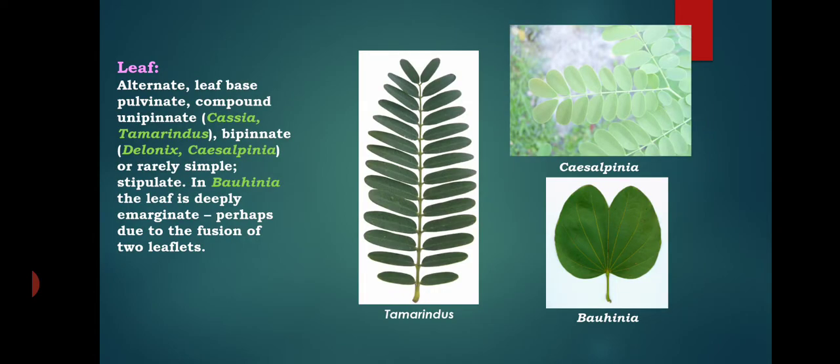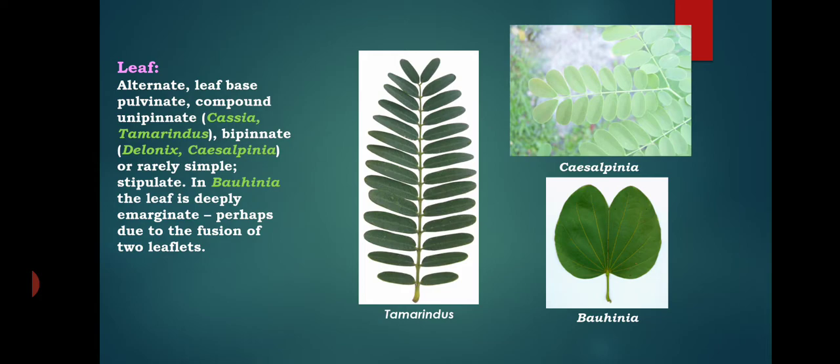And coming to leaf, the leaf is normally alternate. The leaf base we can see here also, like that of Mimosaceae, is pulvinous. So leaves are pulvinate, compound, unipinnate or bipinnate. Okay, and a unipinnate example is Tamarindus.